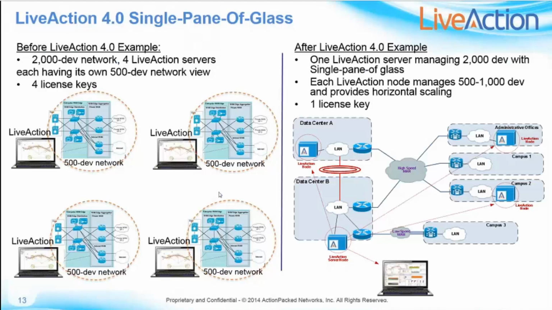Now with 4.0, as you can see, we have our nodes deployed into the network that we convert very easily, and now all report back to a LiveAction server node for a single pane of glass with, once again, uniformity. So one LiveAction server managing 2,000 devices with a single pane of glass, and each LiveAction node can handle 500 to 1,000 devices, and a device is a switch or a router, by the way, that provides horizontal scaling under one license key.